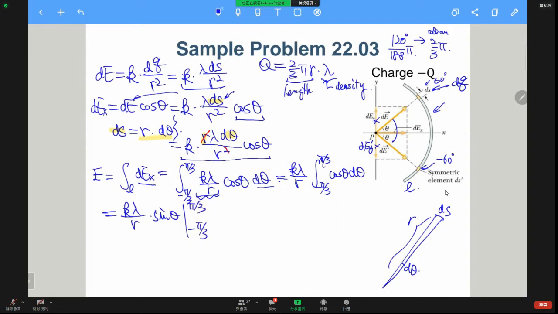Okay. So sine of pi over 3 is the square root of 3 over 2. So this becomes square root of 3 k lambda over r. Or you can write one more step, which is sine of pi over 3 minus sine of negative pi over 3, like this. So we will get square root of 3 k lambda over r.